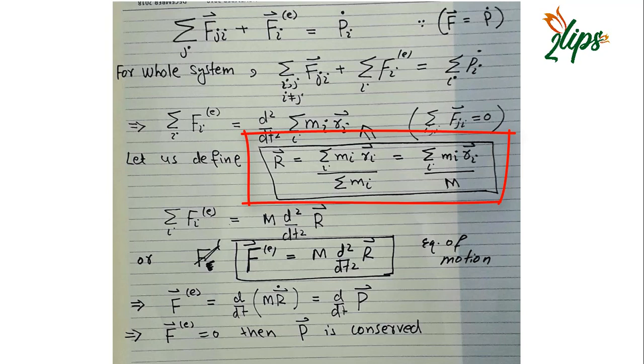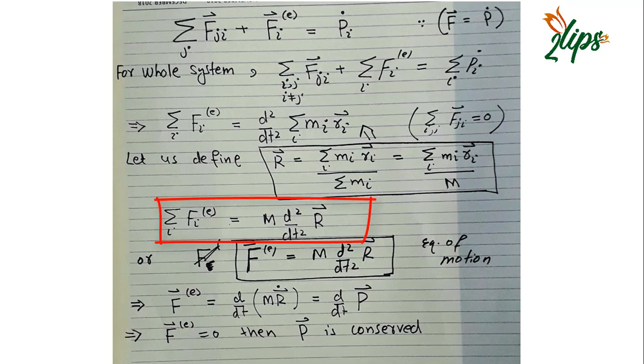If I shift M to the other side, I get the summation over i of m_i r_i equal to M times capital R. This is what we are interested in. So I can use this value in the above equation, and I will get this equation, you can see. The total external force acting on the ith particle is equal to capital M times the double time derivative of R.